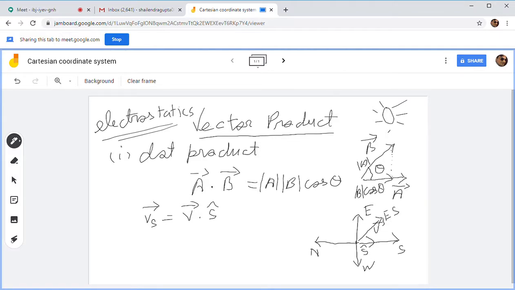Now similarly you can also tell how much you have moved in each direction. So you have to take the same vectors. If you need to find how much you have moved, or what the velocity is in each direction, then you need to take the dot product with the unit vector in each direction.